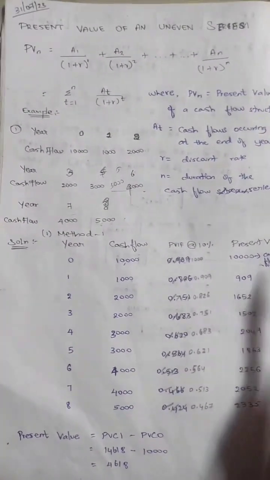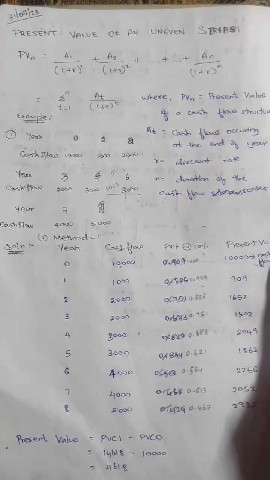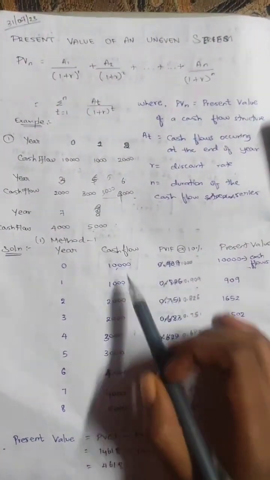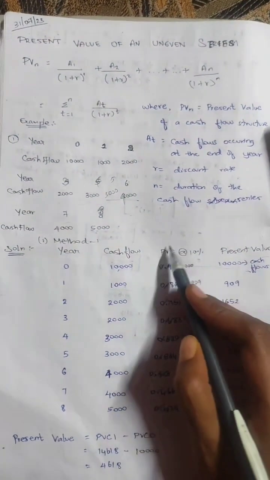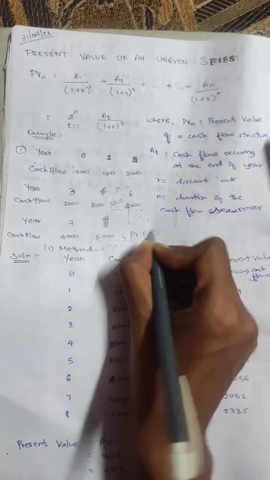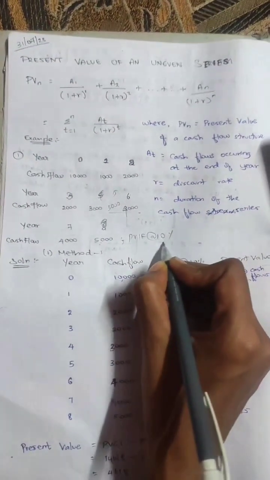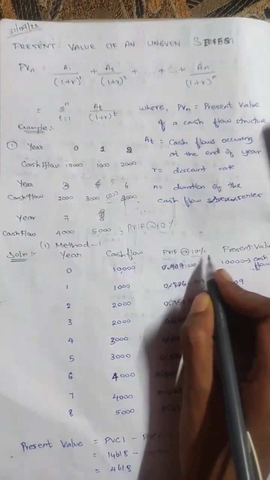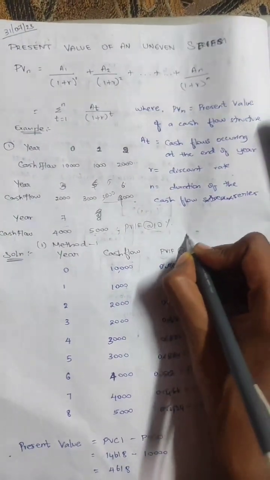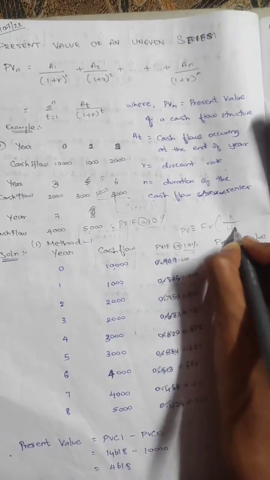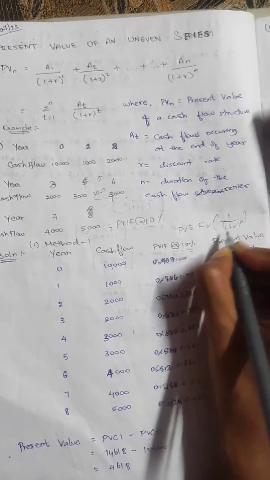The task in this question is to find present value. So let me show you how to find it. Here the cash flow we have written from the question, and PVIF they will be mentioning in the question. PVIF is at 10%. If it is 20%, you will take your 20%. So since here it is 10%, we know the formula of present value is 1 plus r power n.